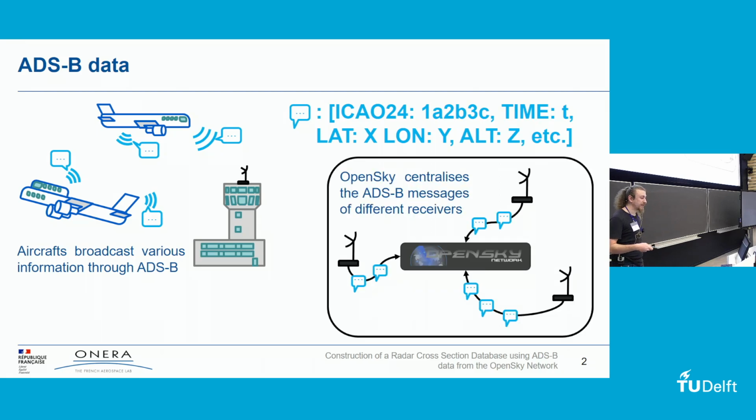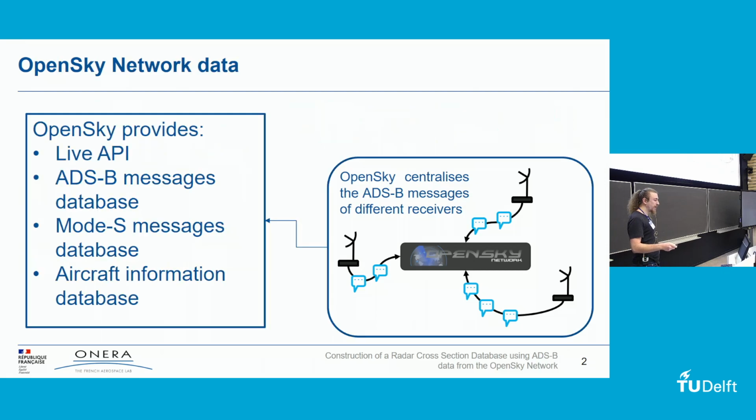And OpenSky, the OpenSky networks, we all know, centralizes these ADSB messages and provides the public with a live API, which is very useful for us, an ADSB messages database, an historical database, a mod-S messages database, and an aircraft information database, which we all use in this article.